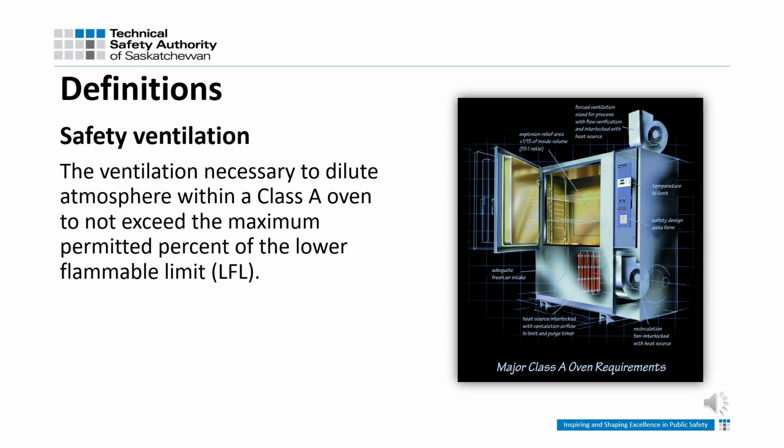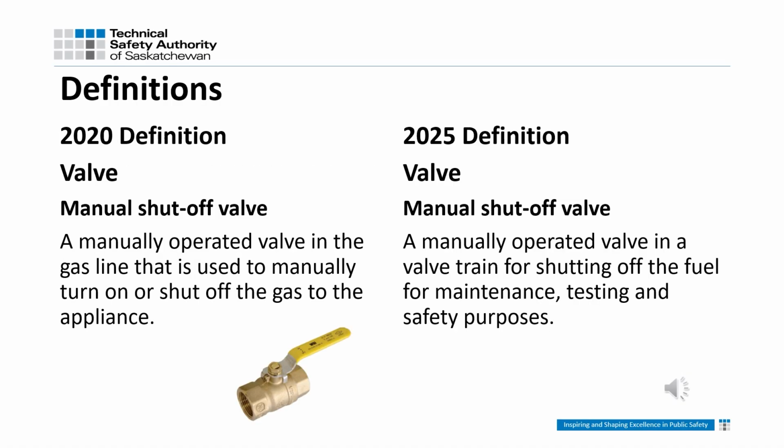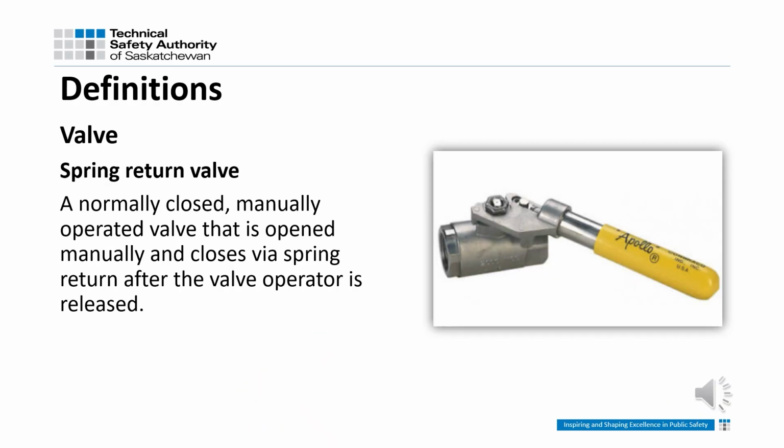Safety ventilation is the ventilation necessary in a Class A oven to keep it below the maximum permitted lower flammable limit, or LFL. The manual shutoff valve definition was approved by the B149.1 committee. Another new definition is spring return valve, a normally closed, manually operated valve that is opened manually and closes via spring return after the valve operator is released.